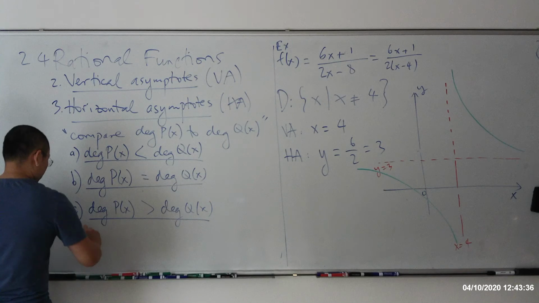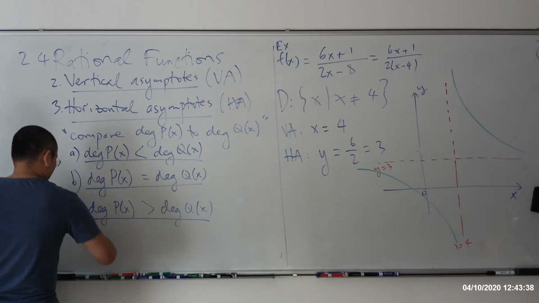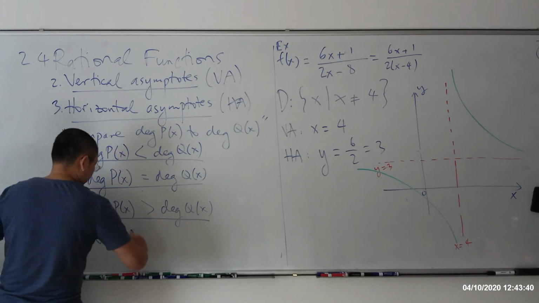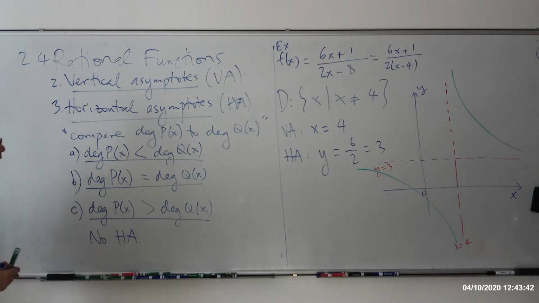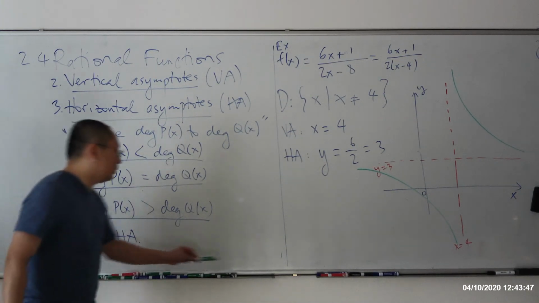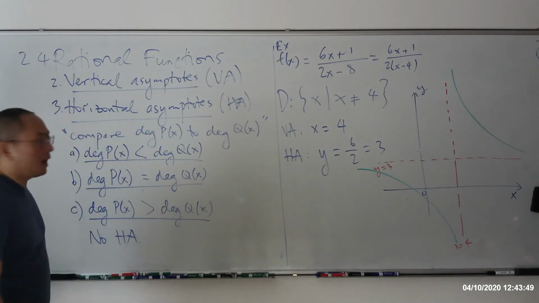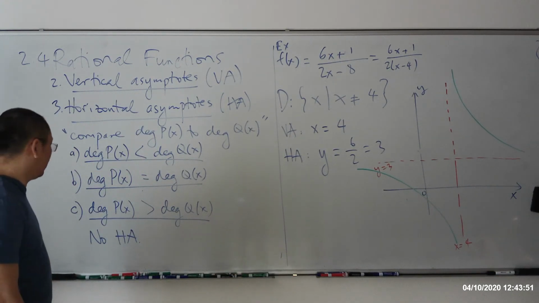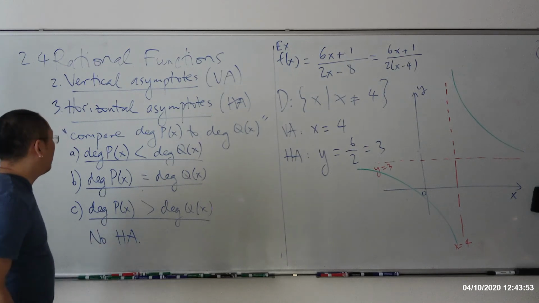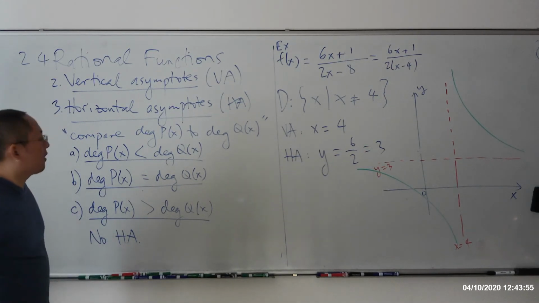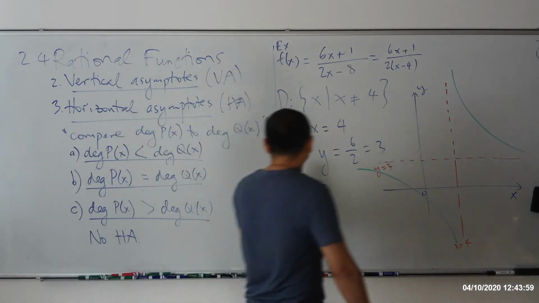Then we have no horizontal asymptote. Okay? So if you look at the rational function and you see the degree of the numerator is greater than the degree of the denominator, you know for sure that the graph of that function will not give you any horizontal asymptote at all. Okay?